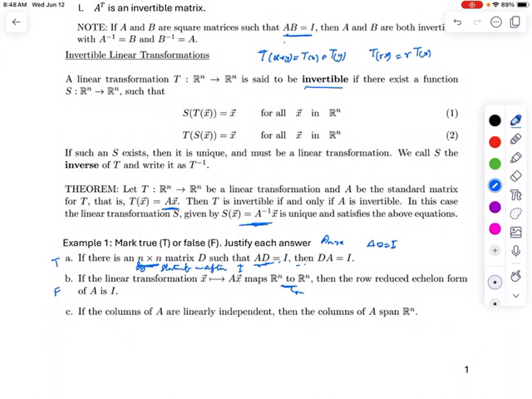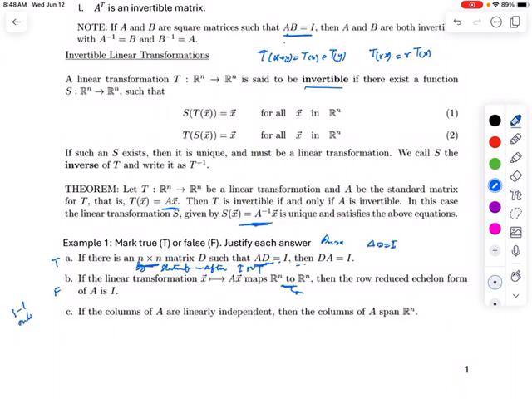Okay, B part, if the linear transformation that maps x to Ax maps Rn to Rn, then the row reduced echelon form of A is I. Well, just read carefully. It says the transformation maps x to Ax, maps Rn to Rn. So if you notice, we had two things, one-to-one and onto.